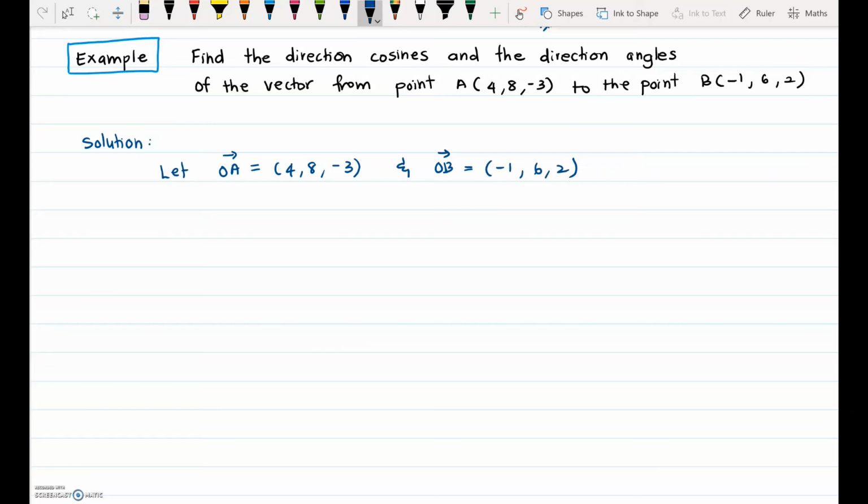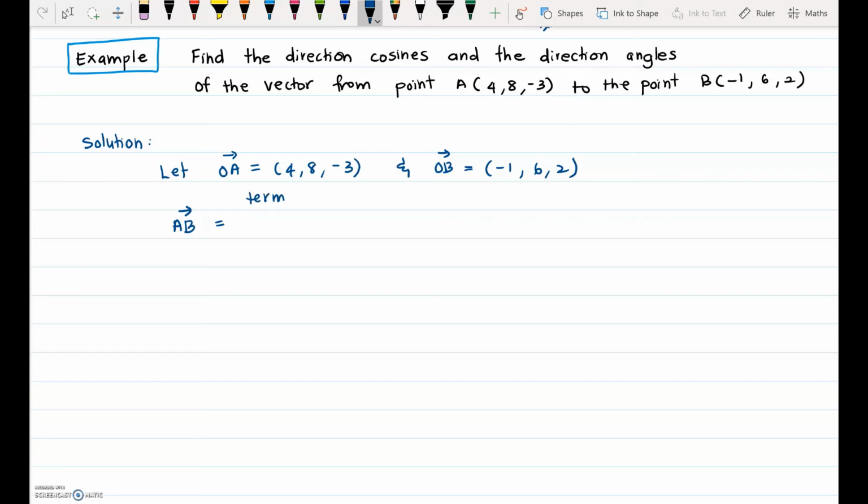The next step is to find the direction cosines and direction angles of the vector AB. Because we want to go from point A to point B, we need to find AB. Again, AB is terminal minus initial.